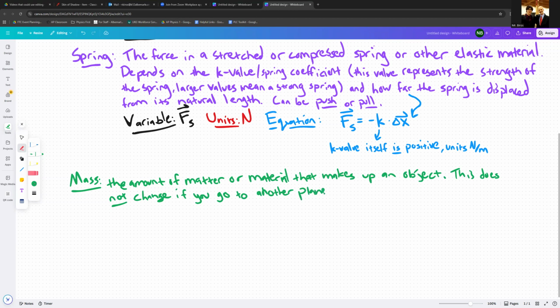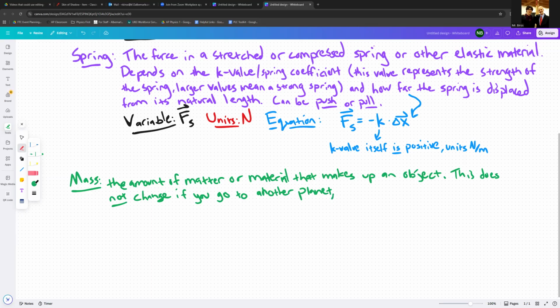So you go to another planet, you are the first astronaut on Mars or something like that, and you still have the same amount of matter or mass. Now, of course, you could have lost or gained weight through eating and things like that. Depending on how much you worked out and ate on your flight to Mars, you could have more or less mass.